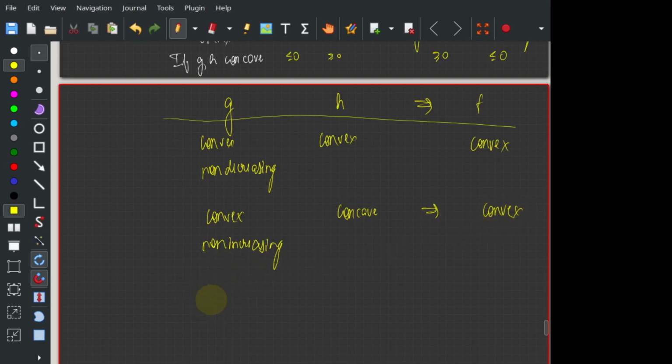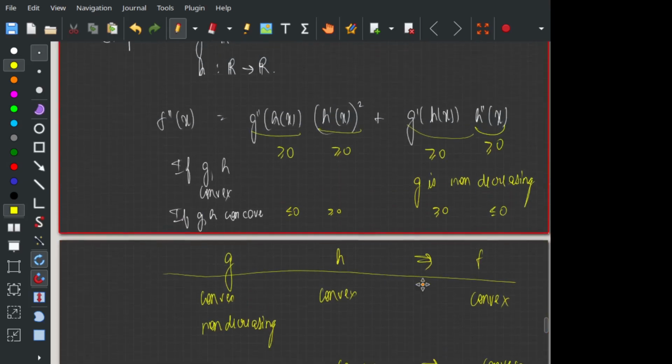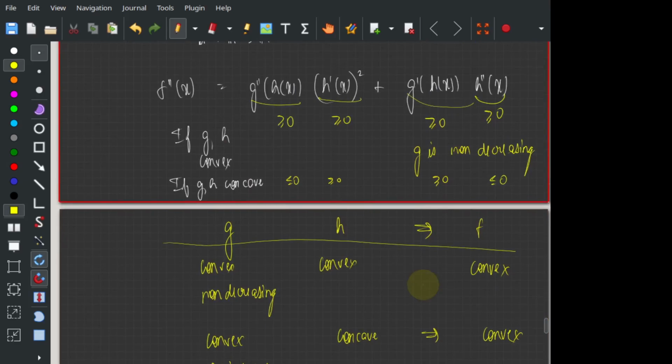Right? So if g is concave and non-decreasing, and h is concave, so g is concave, non-decreasing, which means that g double prime is less than or equal to 0.